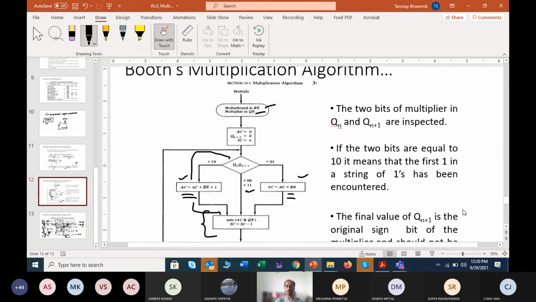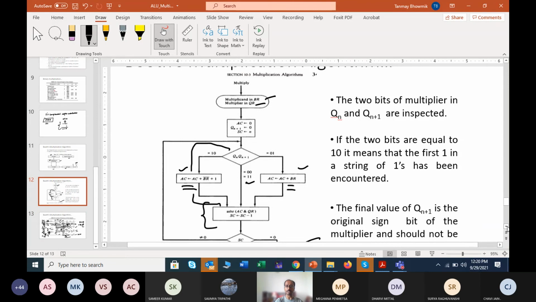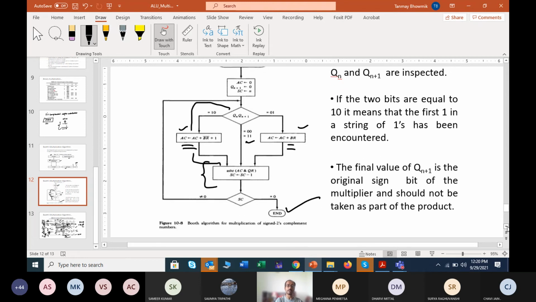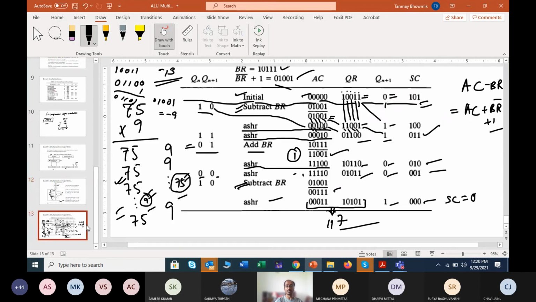Then final value of original sign bit of multiplier multiplicand should not be taken as part of product. Okay, so the same thing basically. They are saying that final bit of qn plus 1 should not be taken as a part of the product. That means when you are calculating the result, we are not considering this qn plus 1 as any part of your product, right?